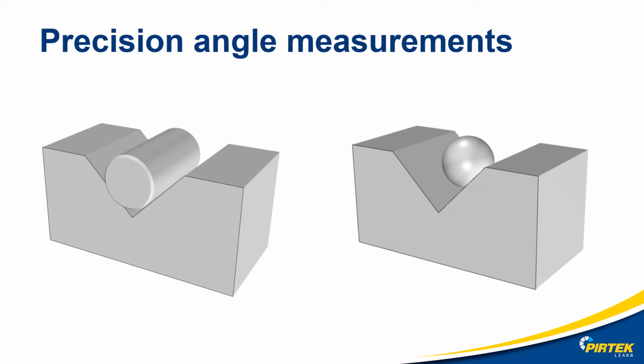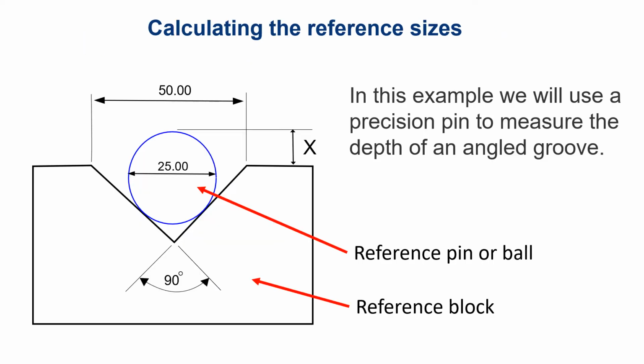Let's look at a common measurement challenge that we'll face in a workshop. We have a machined V-groove that we need to measure the exact depth, angle and width. In this example, we will use a precision pin or roller or ball to measure the depth of an angled groove.